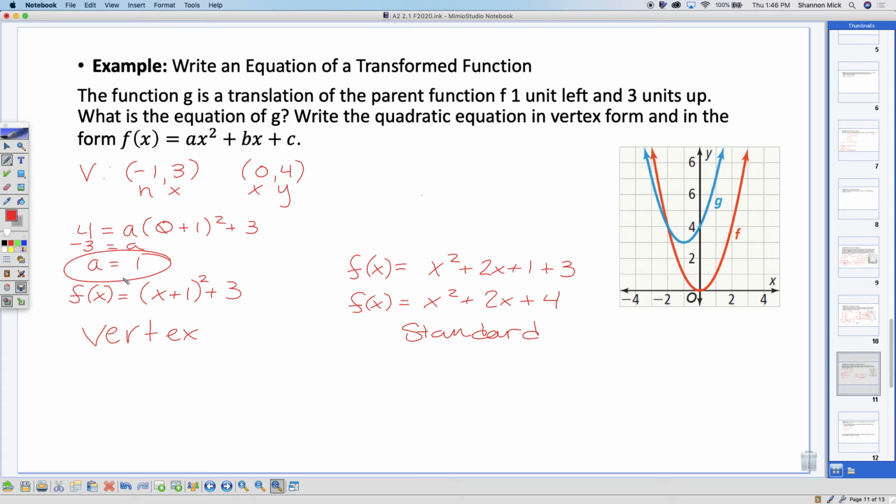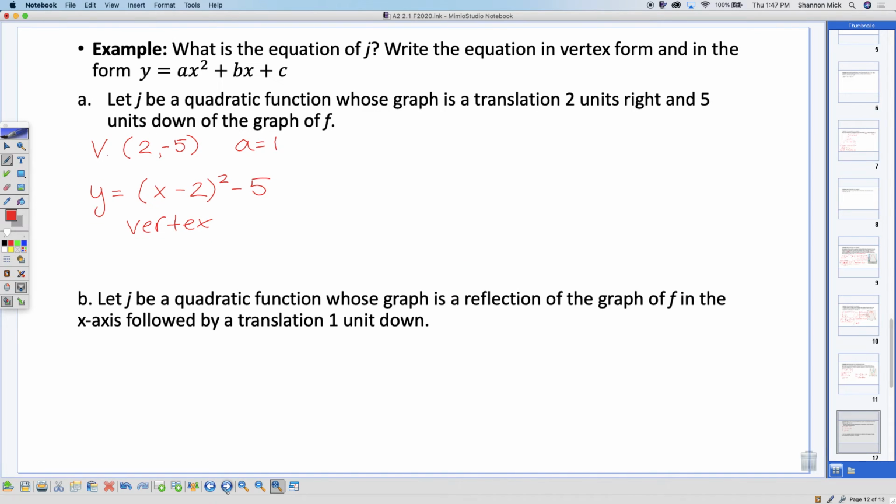We're taking this graph that we already calculated to be 1 and moving it around. Any other graph, you would have to find it first and then go from there.